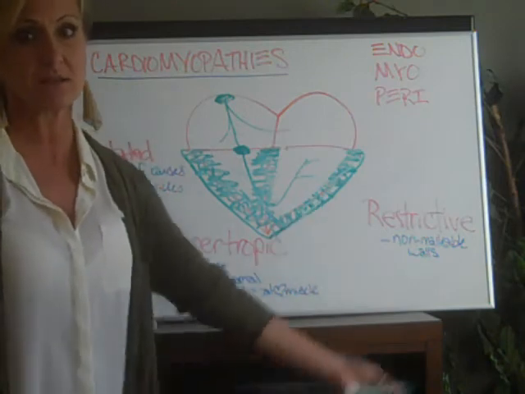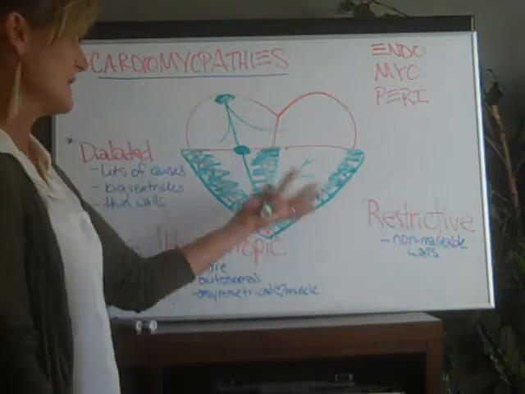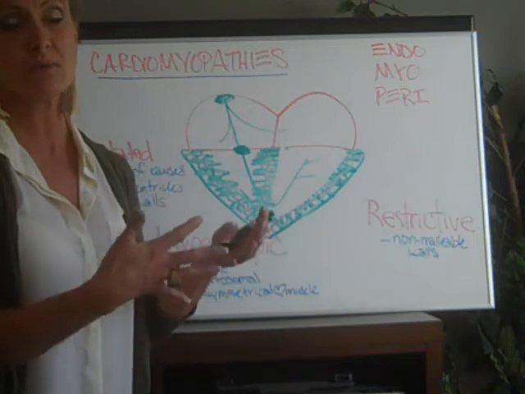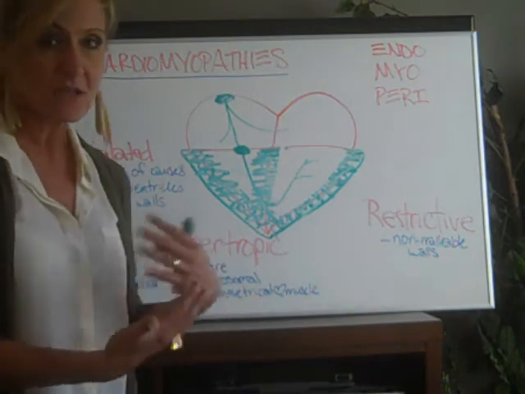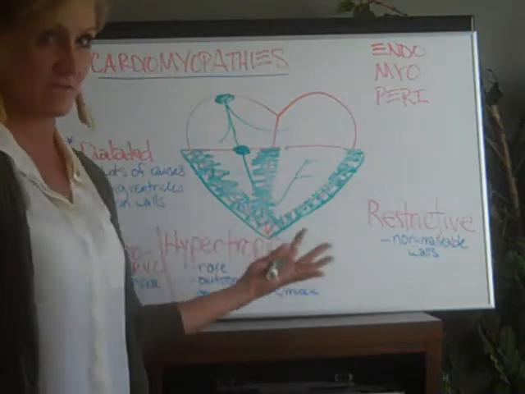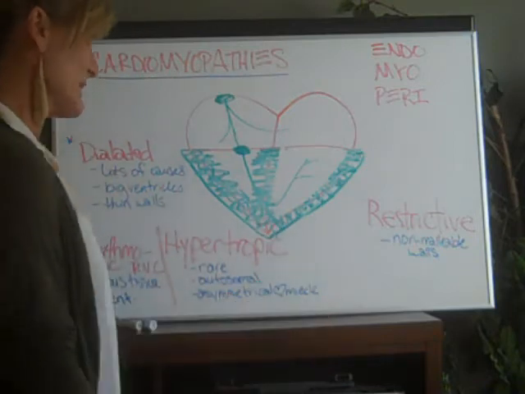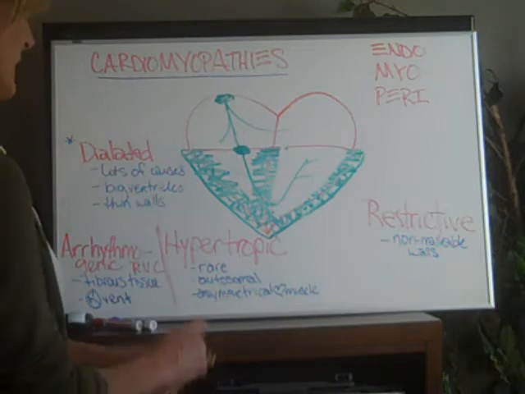But obviously, it's not the easiest thing in the world to get a transplant. So some people end up dying or having a very significant dysrhythmia while they're waiting for the heart. So that's the problem with some of these cardiomyopathies.